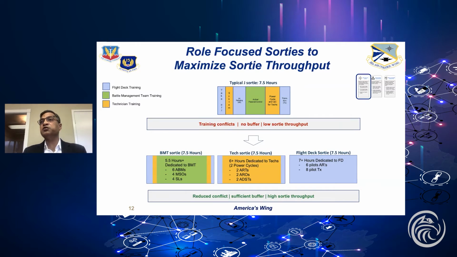Because what you try to do is maximize every position for each sortie. And here we are saying you can actually get more by focusing on a few positions, and you can think of the entire mission in a different light. Of course, they had the standard J sortie to take care of some of the things where you have to do it together. But overall, this dramatically improved the throughput from each sortie.